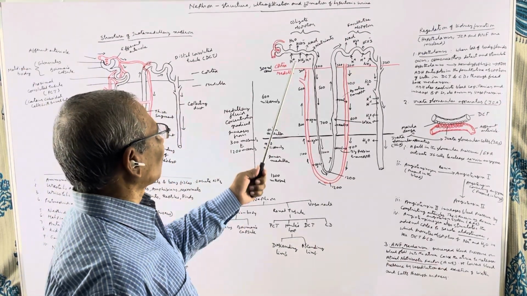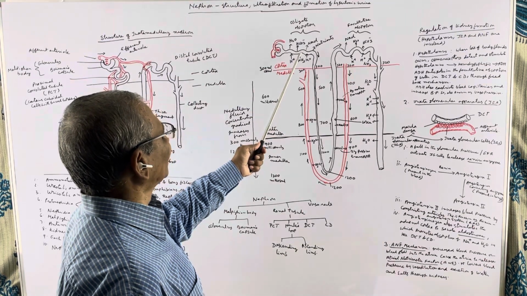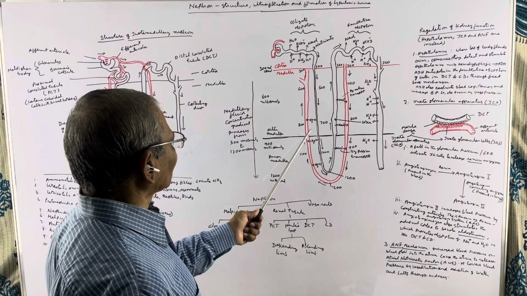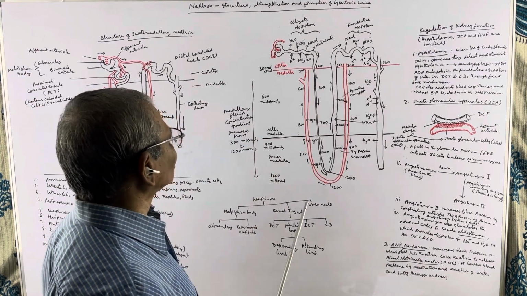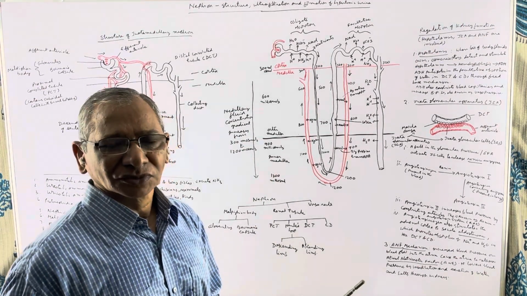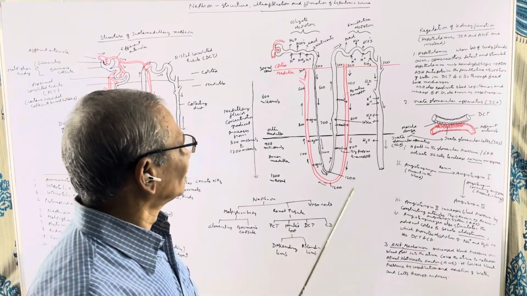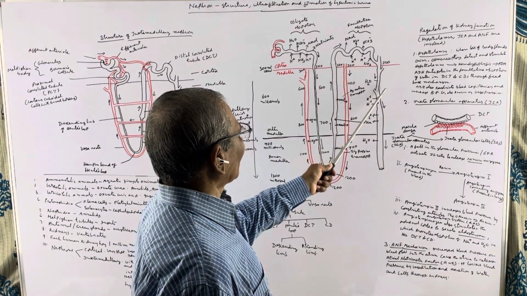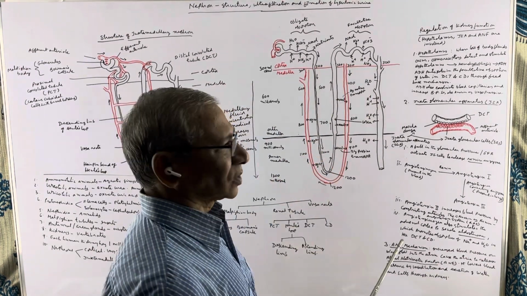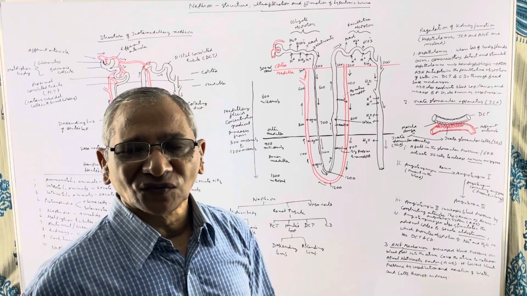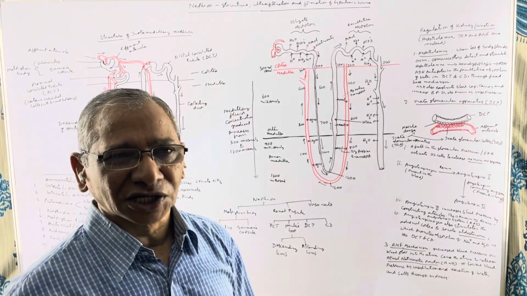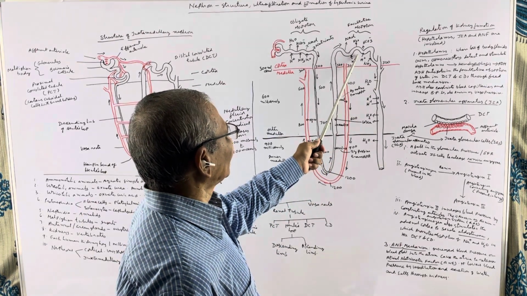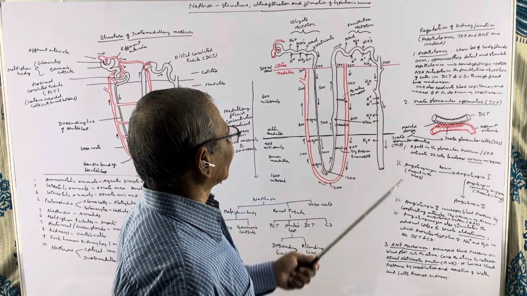So absorption of water and other substances taking place in the proximal convoluted tubule, and also in the descending limb of Henle's loop, is known as obligate absorption. This absorption occurs always. Whereas absorption taking place in the distal convoluted tubule and collecting duct is known as facultative absorption. That means only when there is a need, then only water and other substances are absorbed in the distal convoluted tubule and collecting duct.